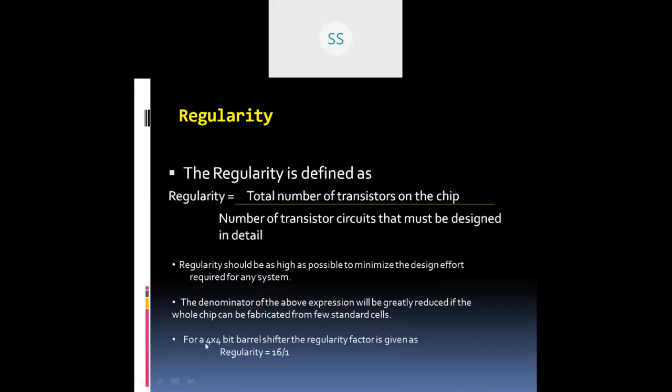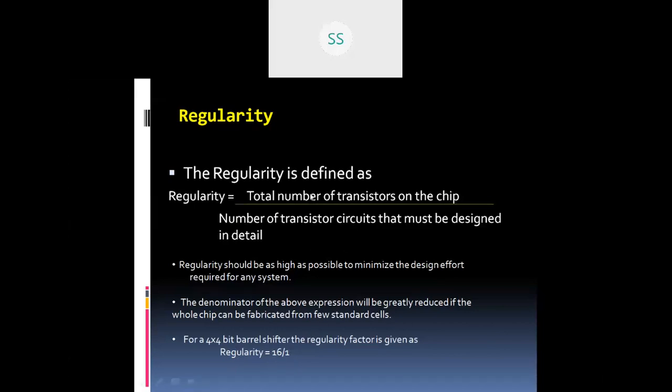A very good example is a 4x4 barrel shifter. If you remember the barrel shifter circuit diagram, there were 16 identical transistors.